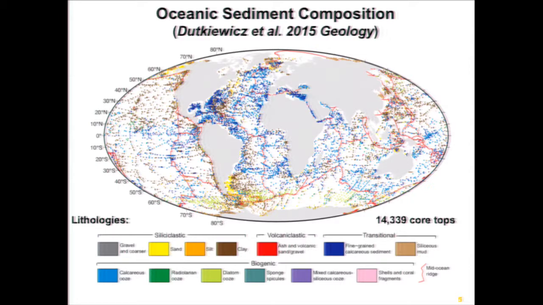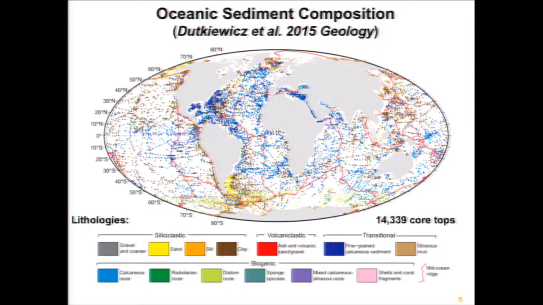And the authors of this paper, who are from the University of Sydney in Australia, make a nice point that the surface distributions of lithologies and compositions and accumulation rates of sediments really helps us understand, gives us an underpinning for understanding ocean biogeochemical cycles and sediment transport in the ocean.